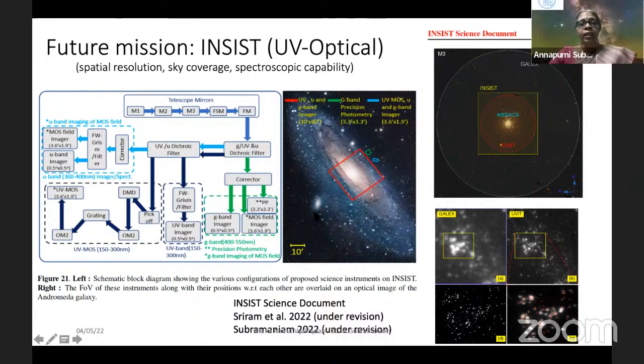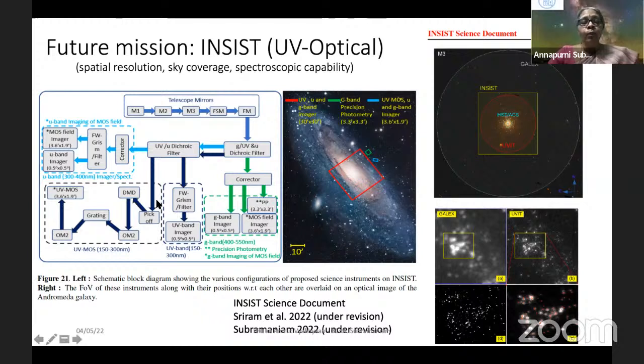So how do these fields look? This is the kind of area coverage for the U band, G band, and UV band, and the simultaneous. So you'll be getting images simultaneously over here. If you want to insert a slitless grism, you can do that.